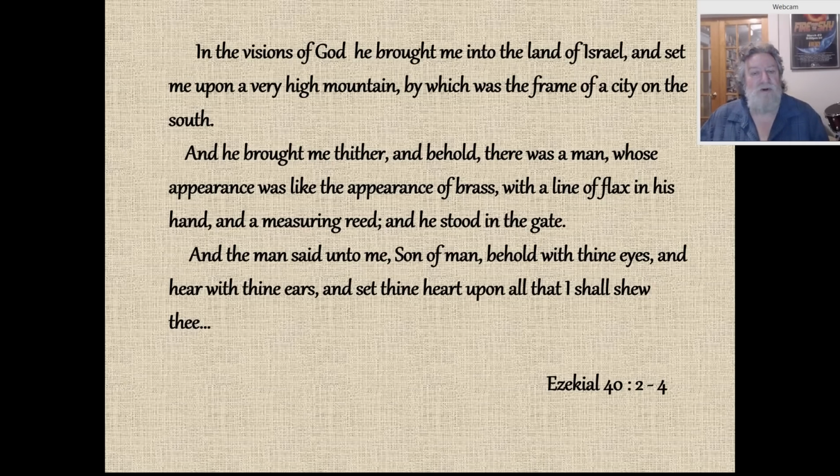In this case, what he's doing is he's instructing the prophet Ezekiel to behold with his eyes, to hear with his ears, and to set his heart upon all that he will show thee, to really take it in and integrate it and make it a part of his inner being, of his inner consciousness, because this was the key to understanding the frame of the holy city.